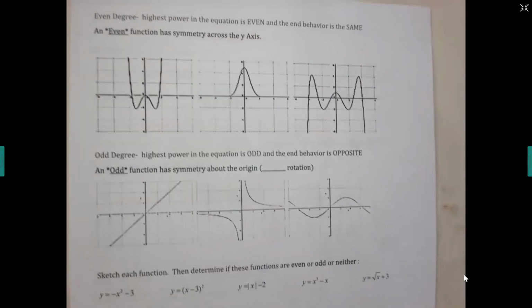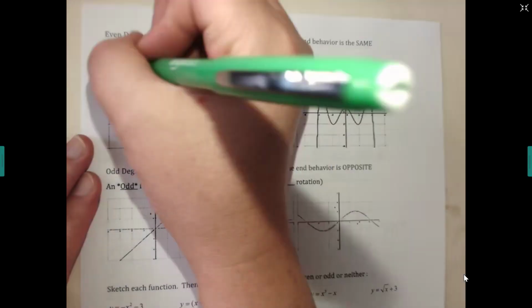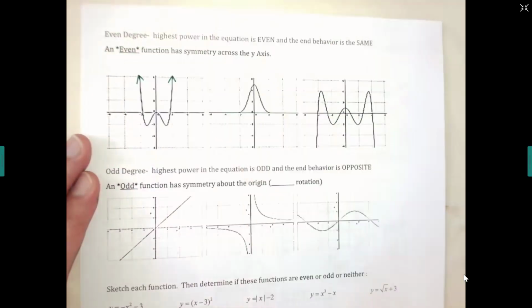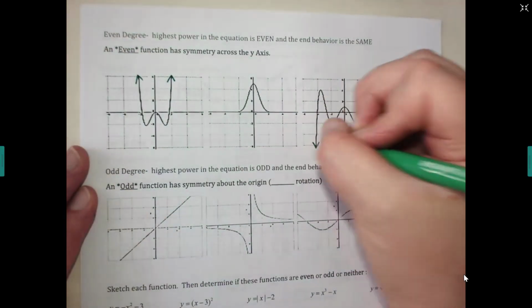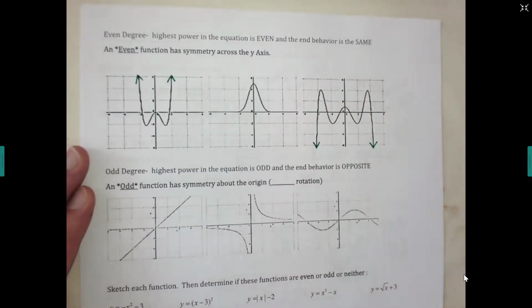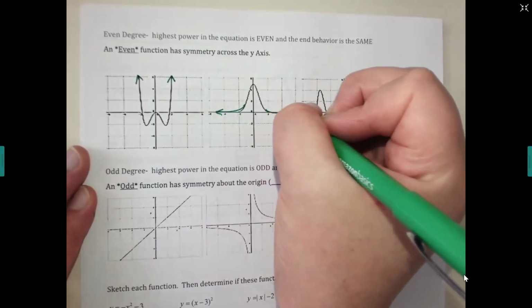Great. Okay, the last thing that you have to know how to do today is determine whether a function is even or odd degree. So an even degree would be when your ends do the same thing. Do you see on this first graph that both ends point up? And on this graph, both ends point down. And then on this graph, both ends kind of fan out.